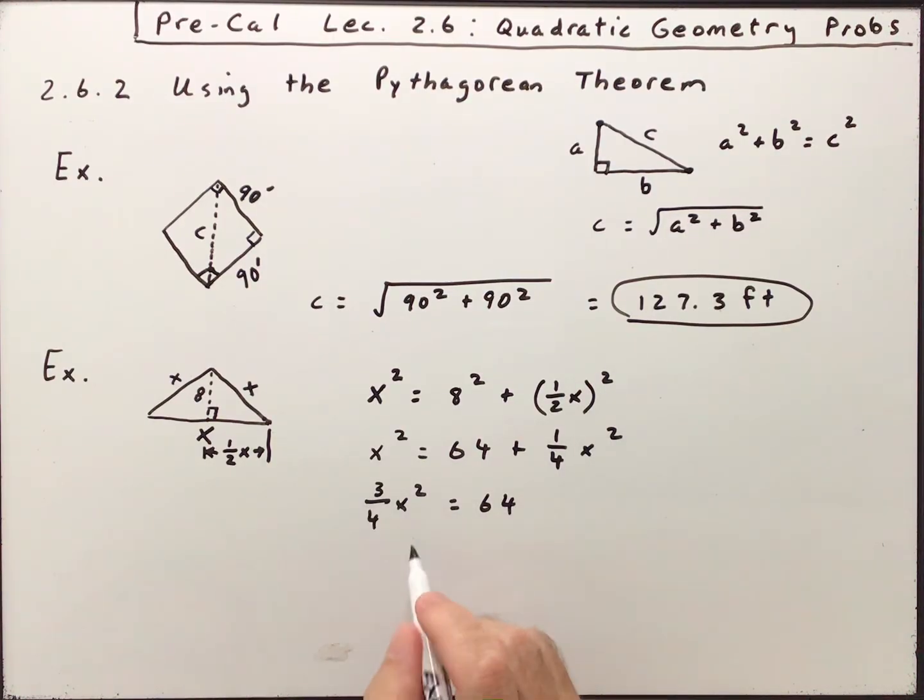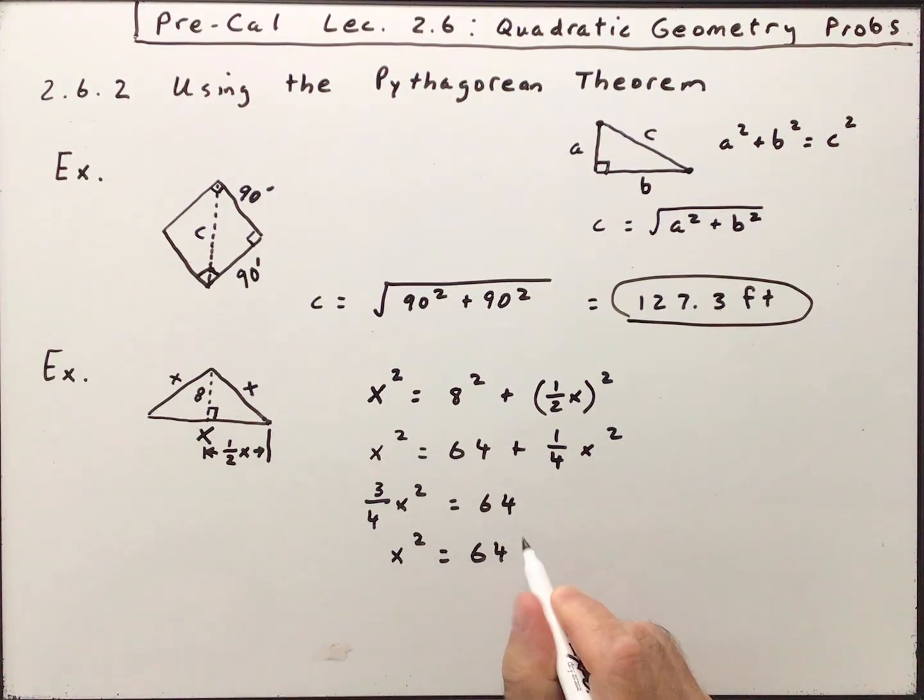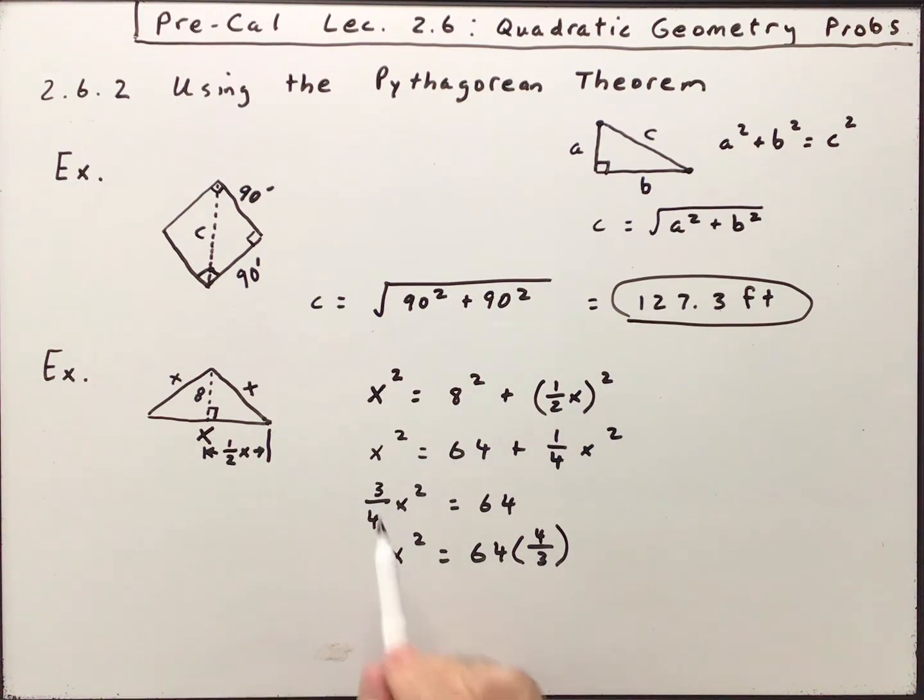So if I multiply both sides by 4/3, x squared is equal to 64 times 4/3, to get rid of that coefficient out front. You can think of flipping and multiplying by the 64. So x squared is equal to 64 times 4, which is 256, over 3.